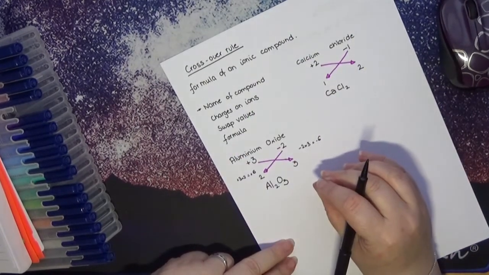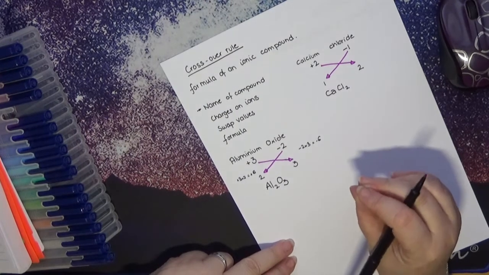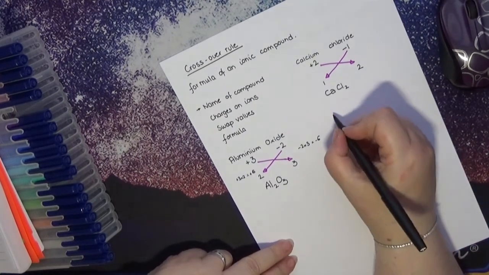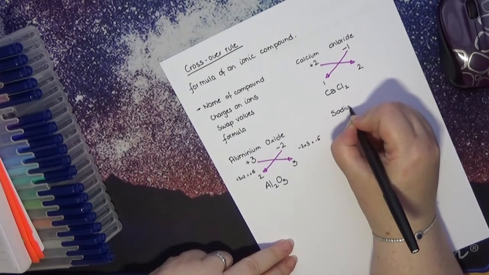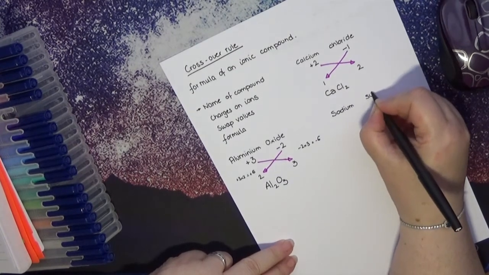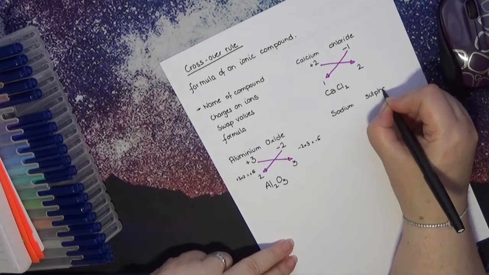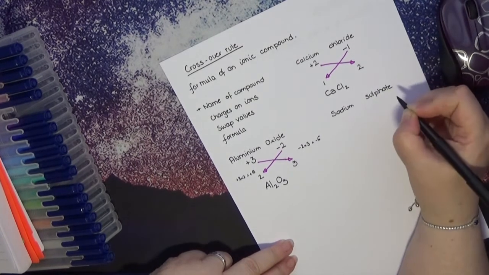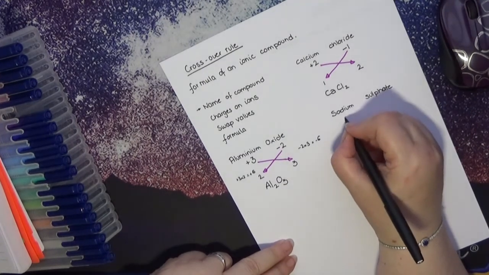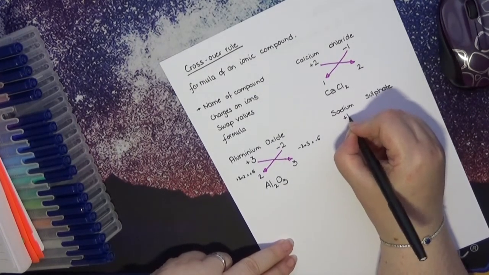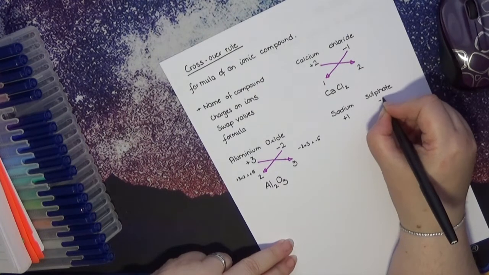That's with standard ions. So if I have compound ions instead, so sodium sulfate. I've got sodium and I've got sulfate. Sulfate is a compound ion, it's SO4 with a -2 charge. I know sodium is group 1, +1, and sulfate is -2.